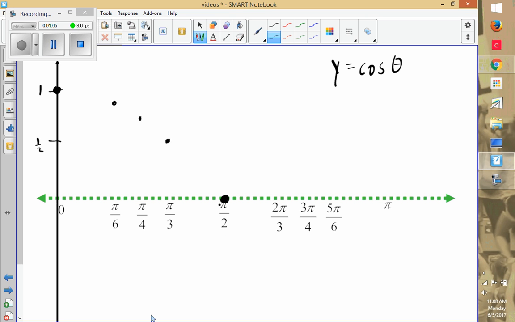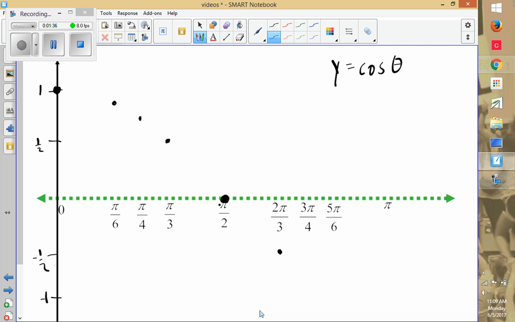And now we have cosine in angles in the second quadrant, and cosine is negative in the second quadrant. So we are going to dip below the x-axis here to graph the next portion. So the cosine of pi over 3 is going to be negative 1/2.